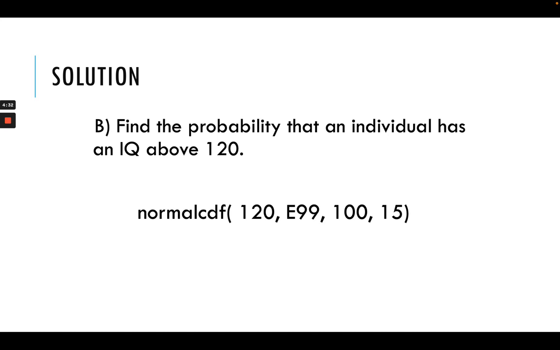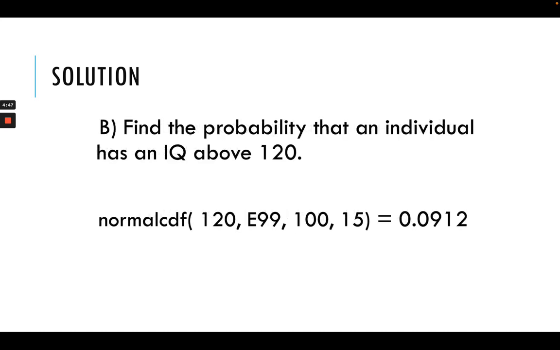And so again, see if you can put that into your calculator and find that answer there. And if you do, that should come around 0.0912. And so the probability that an individual has an IQ above 120 is around 0.0912.